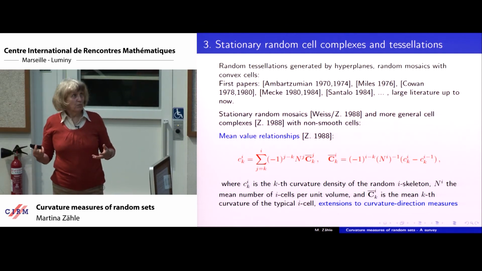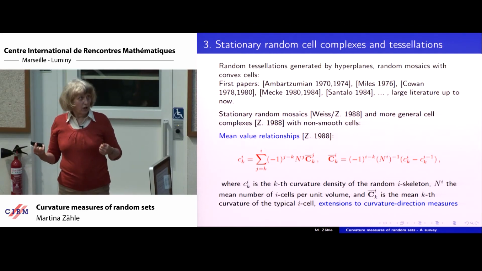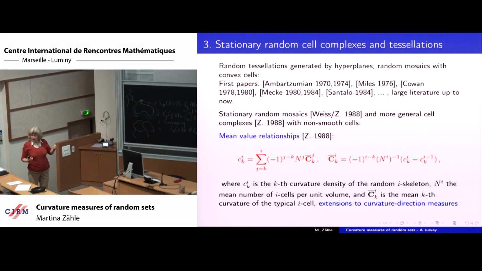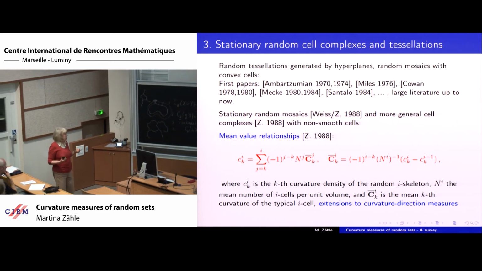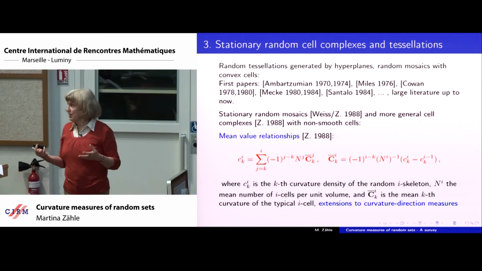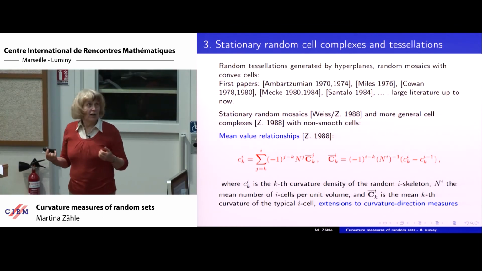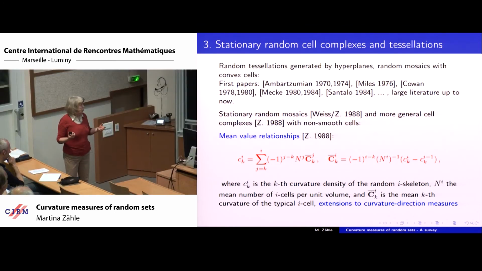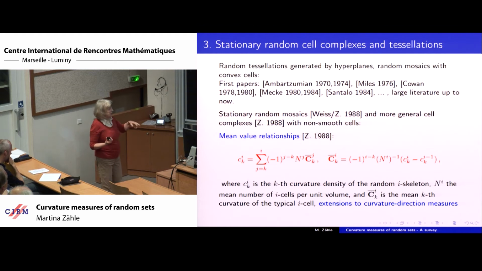You have relationships between the curvature intensity of the i-skeleton, C_k^i, this is the i-skeleton, the curvature intensity, and this is an alternating sum of the corresponding values of the typical j-cells, the total curvatures of the j-cells, but you need to know all j-cells of dimension up to i. And the N_j are the mean number of j-cells per unit volume.